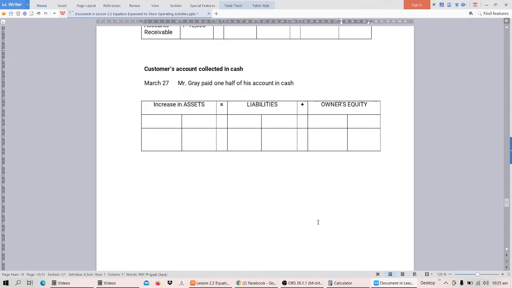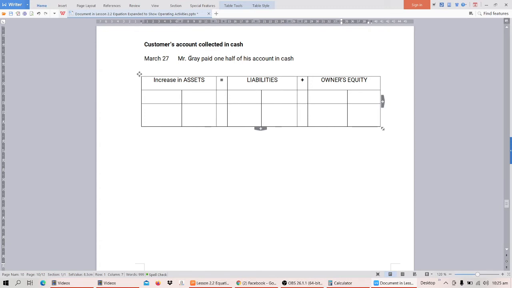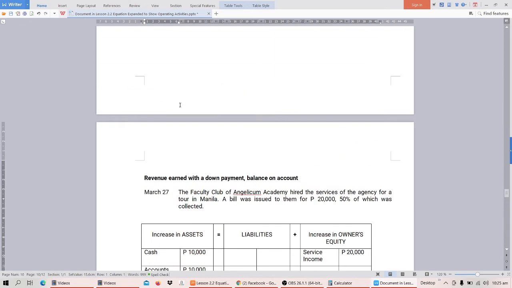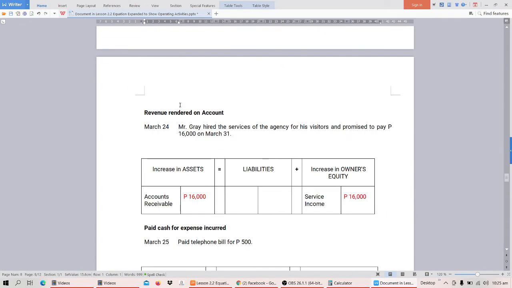Okay, and on March 27, Mr. Gray paid one half of his account in cash. So 8,000, Mr. Gray.